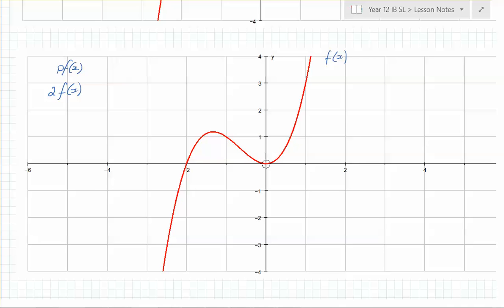Yes. So that means the higher the y coordinate is to start with, the more impact that times by 2 will have. Now, are there any values that will not be impacted by multiplying by 2? 0. So we know that any y value of 0 will stay where it is.